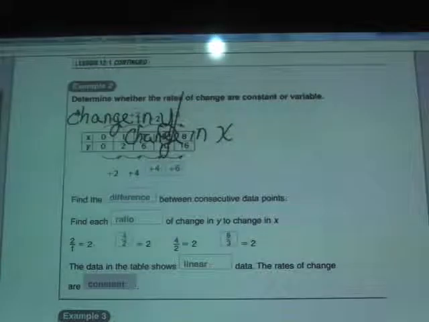We see that the changes, when I compare the x's and the y's, are the same each time. And since the amount of change is the same each time, that means it's going to be a linear function. If just at one point here we had popped out an answer of 3 with everything else being 2's, all of a sudden the answer becomes variable. All of a sudden this isn't a linear function, it's something else. And that's all.